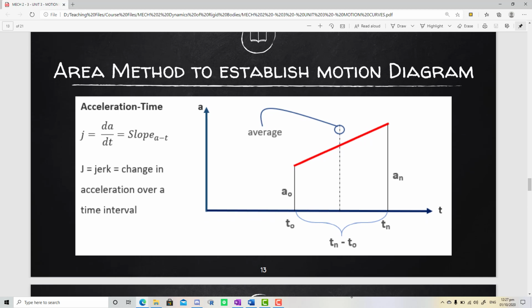We will consider here a curve of an acceleration with respect to its time. This is your initial acceleration and final acceleration. From the reference time to the final time, your difference would be Tn minus T0, and you have your slope equal to the jerk.